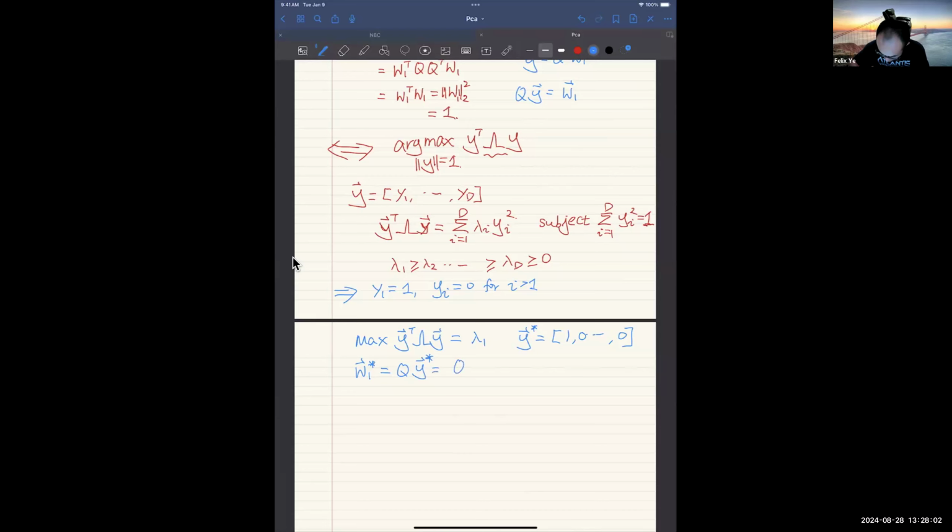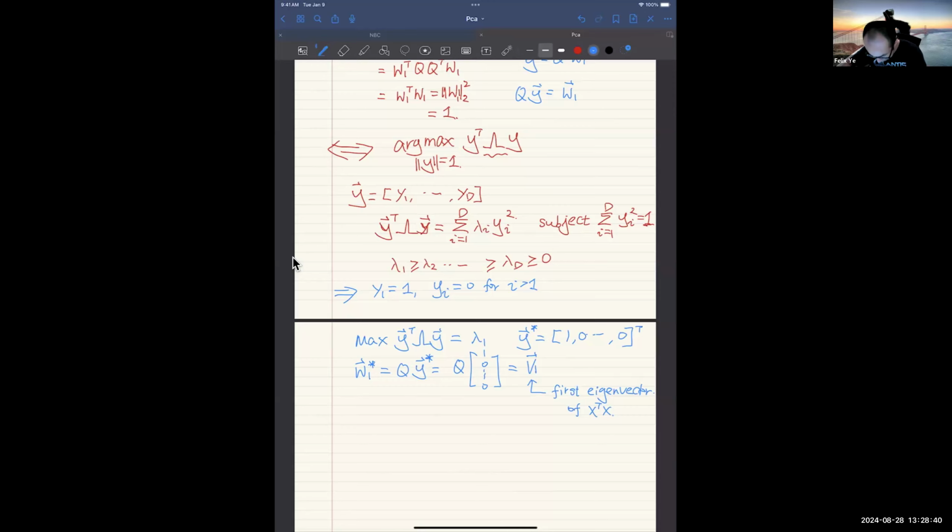Since y has to be a column, it's a 1 followed by zeros. So this is nothing but the first column of Q, which is V1 right here, because this corresponds to the first eigenvector of X transpose X.